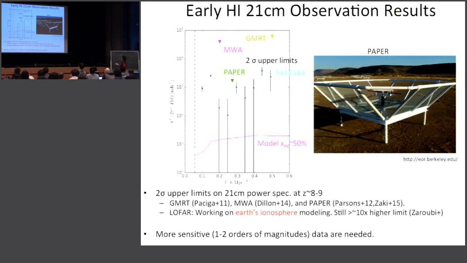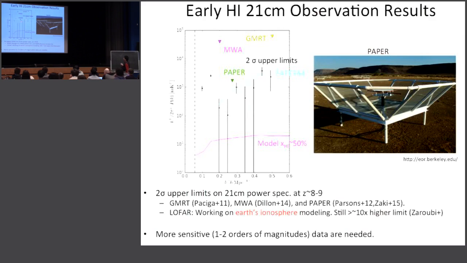The left panel shows the current constraints on the 21 centimeter power spectrum given by the many 21 centimeter observations, like PAPER and upgraded PAPER results, and GMRT and MWA. All of them are 2 sigma upper limits.